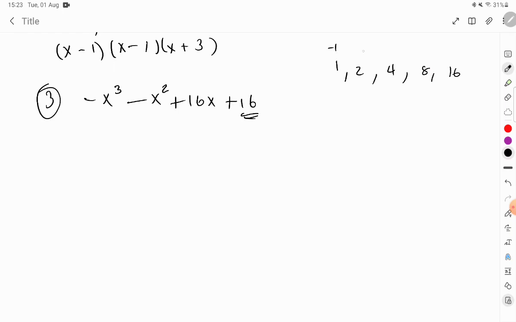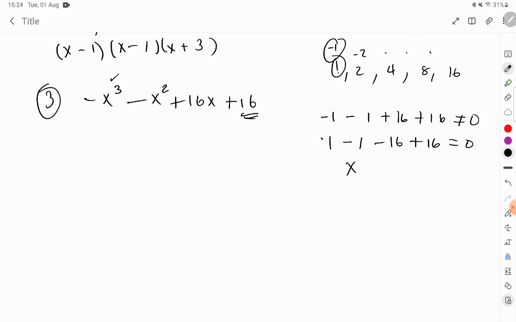You could also use minus 1, minus 2, and all of that. Try substituting 1 first. If you substitute 1, you're going to get minus 1 plus 16, which is definitely not 0, right? Then try minus 1. You're definitely going to get 1 minus 16 plus 16, which is 0.